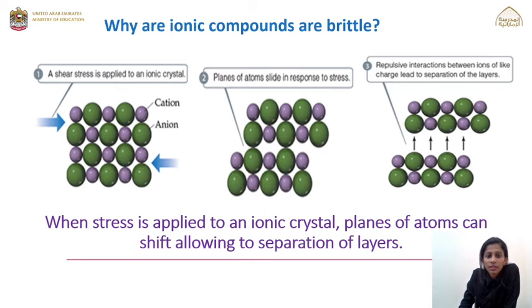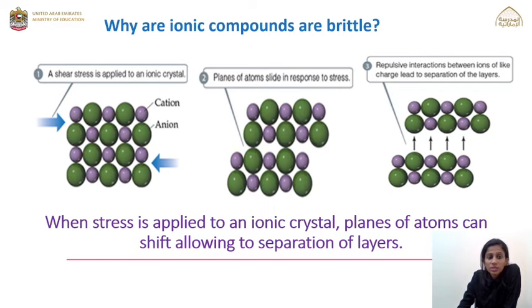Let's see why ionic compounds are brittle. If you refer to the first picture here, this shows the arrangement of cations and anions in an ionic compound. You can see that unlike charges are facing each other, so there is a very strong attractive force in this ionic crystal.